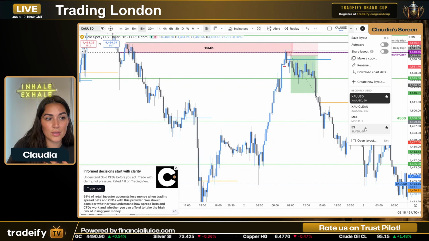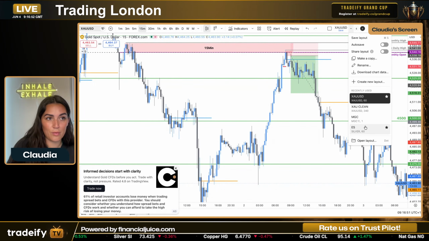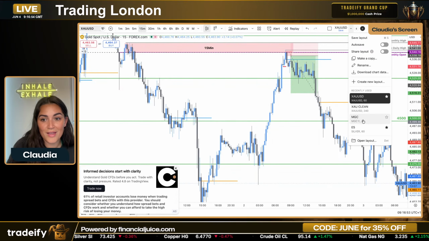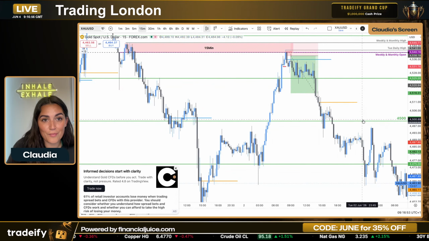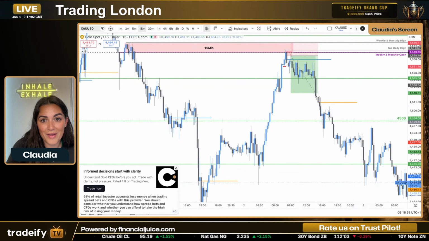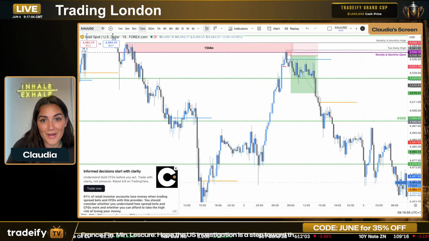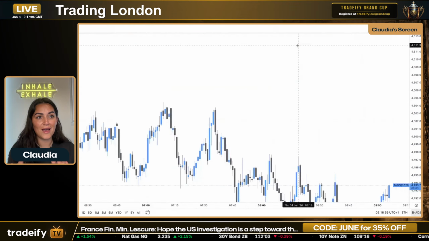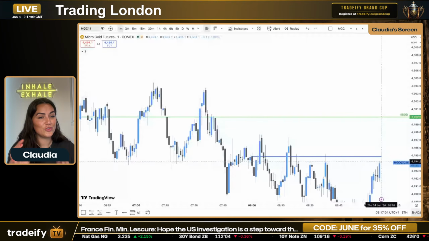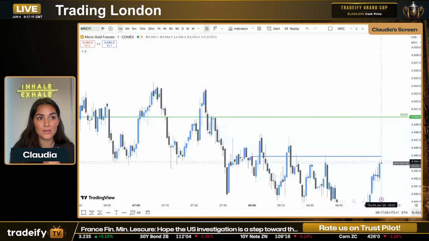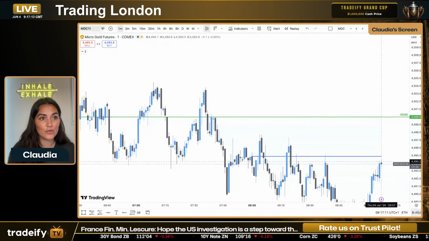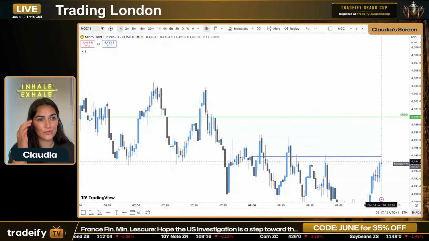I'm used to trading XAU. I've been marking these charts up for years. I have pulled up micro gold. Sorry, I know I'm being so difficult with this, but I found that there's a lag in TradingView and TradeC. TradeC is sharp, it's good. TradingView, there's a lag in price action for some reason.